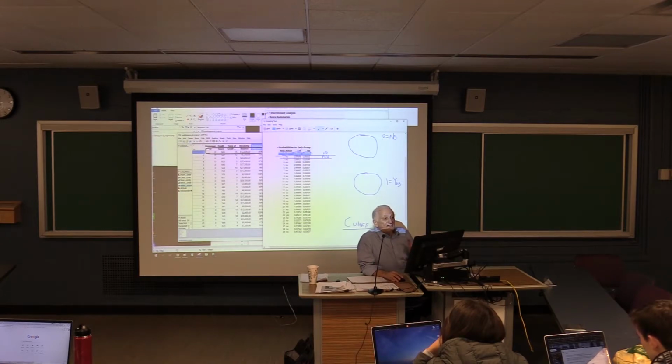The most appropriate way to describe these probabilities is you take, so this goes with a 1, right? 1 or yes. You take the cutoff point, which by default is 0.50.